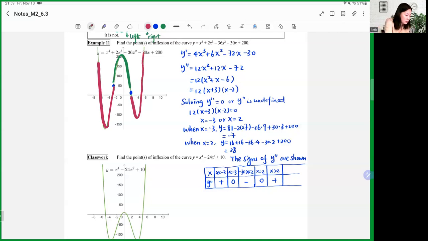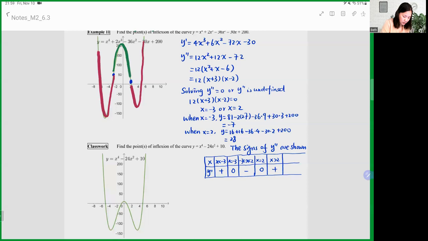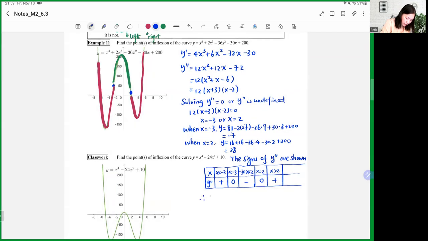Okay, and then you can say, therefore, points of inflection are -3, -7, and the second one is 228.